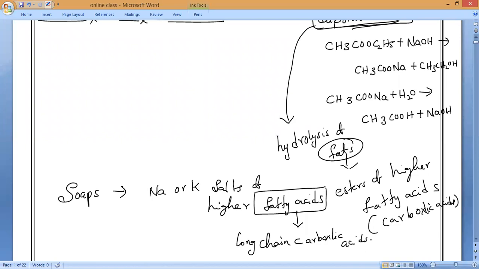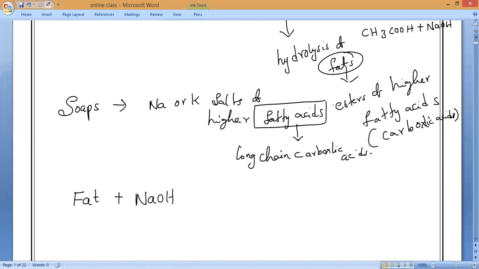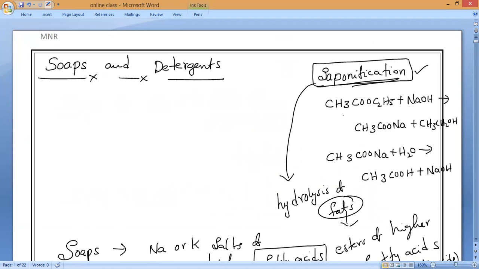Are you clear, everybody? So if you take the equation of formation of soap: fat plus sodium hydroxide. What do you mean by fat, everybody? Open your mouth and speak. Fat means an ester of long chain carboxylic acid. So I have taken CH3COOC2H5 plus sodium hydroxide. It will give you a sodium salt. What is it called? Sodium acetate, plus we are going to get ethanol.